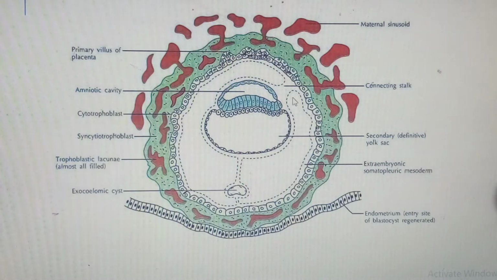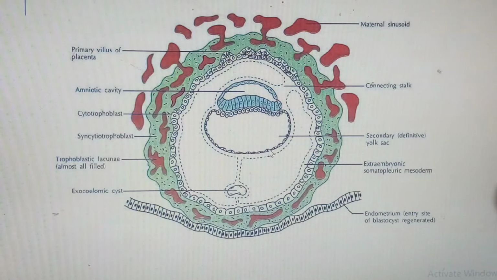This happens by a coelom, a large cavity forming in there, and that one will be called the extra-embryonic coelom. So this cavity, which is found outside the embryo proper, is called extra-embryonic coelom. So we get a mesoderm which is very close to the Heuser's membrane and the primary yolk sac that we saw.